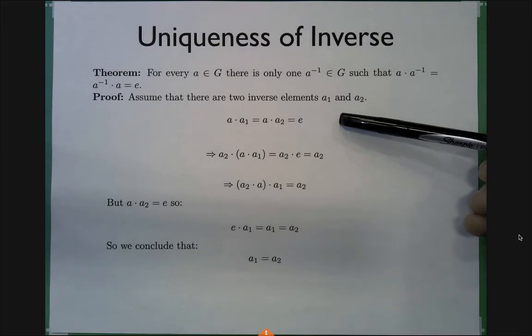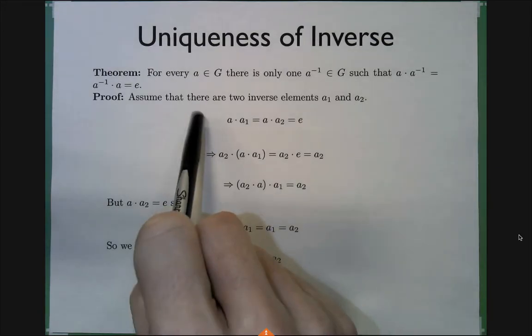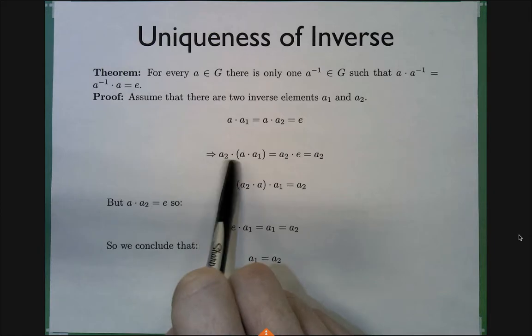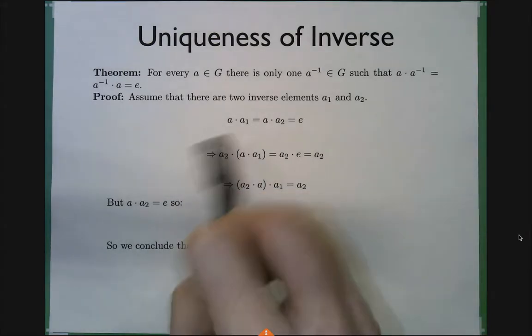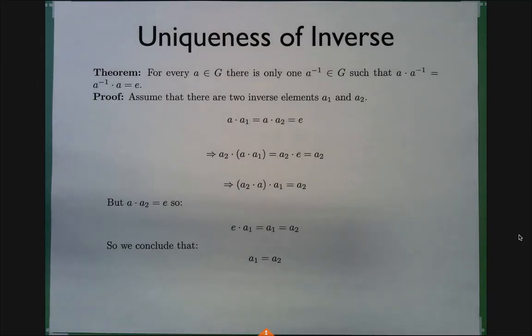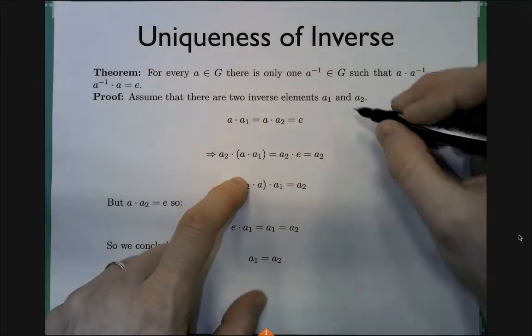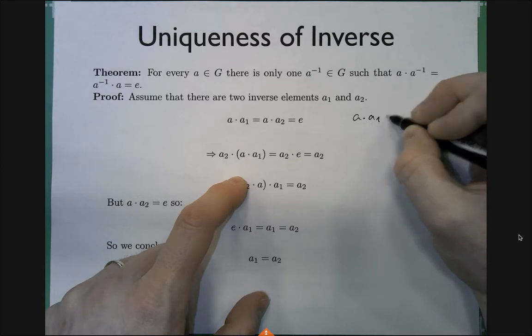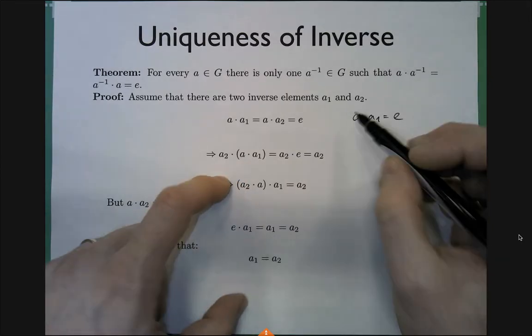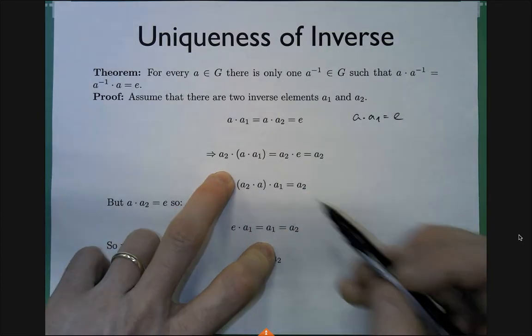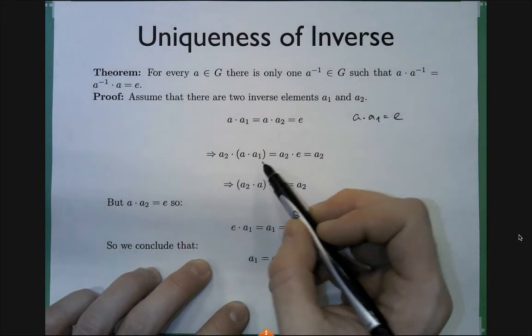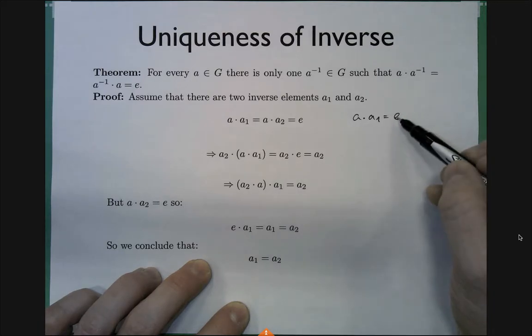What I can do is multiply with A2 from the left. So we put it like this: A times A1 equals E, and I just hit both sides with A2 from the left. So I get that A2 times A times A1 equals A2 times E.